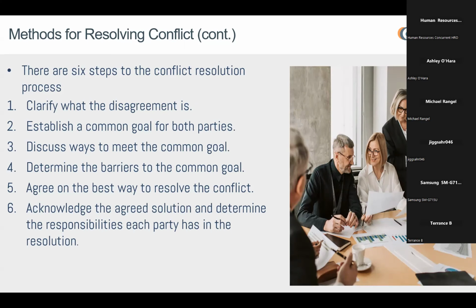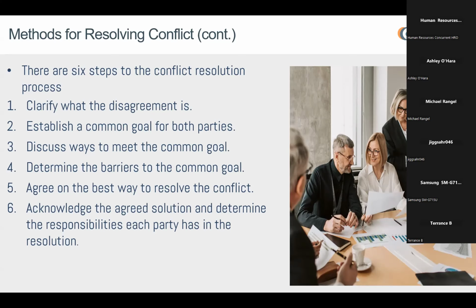Establish a common goal for both parties. Discuss ways to meet the common goal. Determine the barriers to the common goal. Agree on the best way to resolve the conflict, acknowledge the agreed solution, and determine the responsibilities each party has in the resolution.